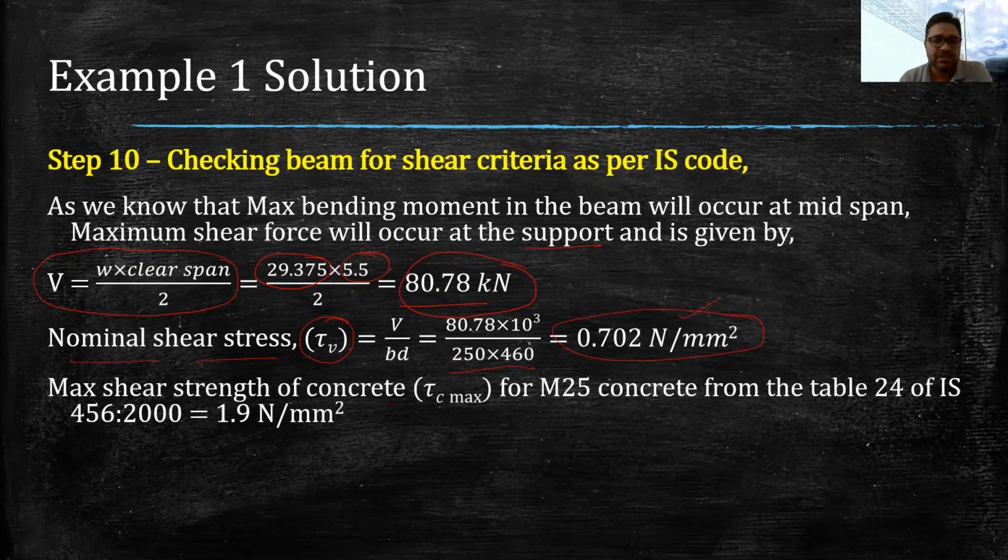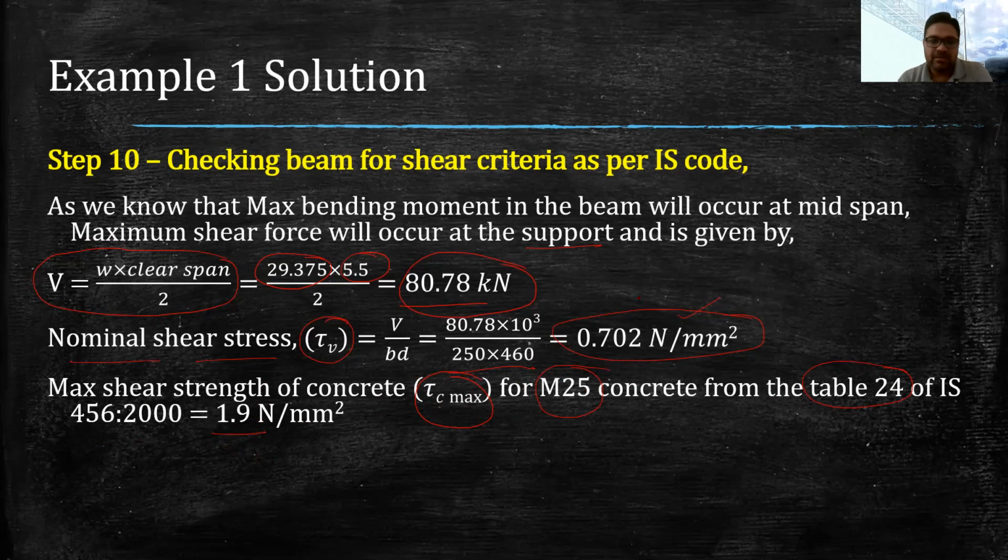The maximum shear strength of the concrete, which we represent by tau c max. For M25 grade of concrete, the tau c max value can be found from the IS code using table 24. Going to IS code table 24, we can find tau c max as 1.9 Newton per mm square.